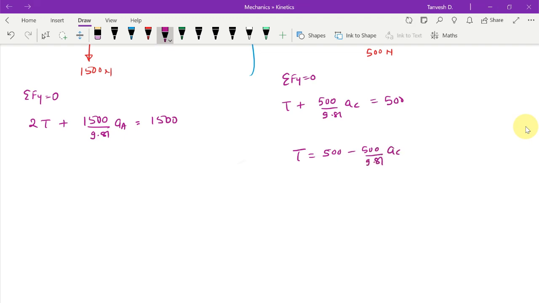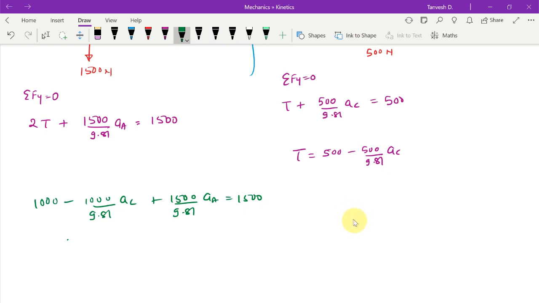This T we can substitute in this equation. So we will get 1000 minus 1000 upon 9.81 times aC plus 1500 upon 9.81 times aA equals 1500, right?